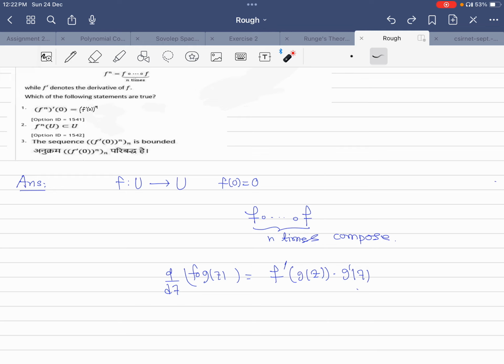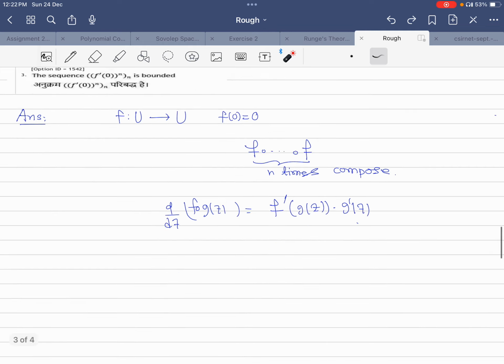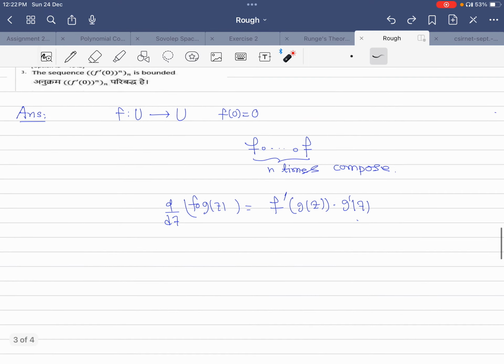First, for two functions, say f composition g, how is the derivative? d/dz of f composition g of z, we know by the chain rule, becomes f prime of g of z times g prime of z.